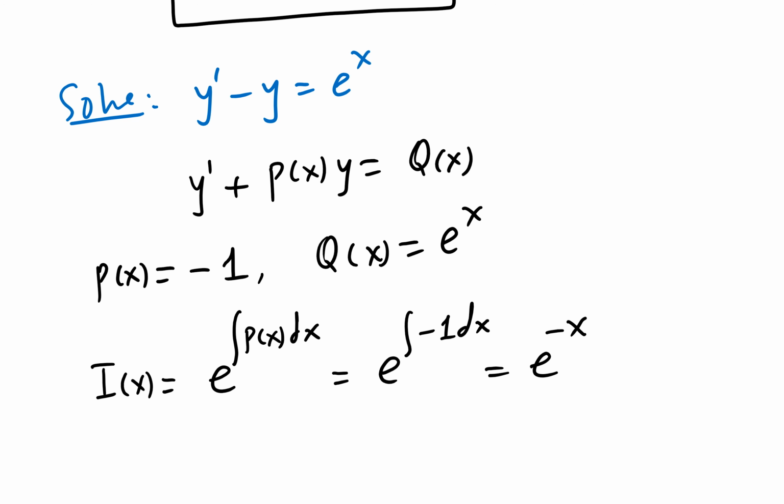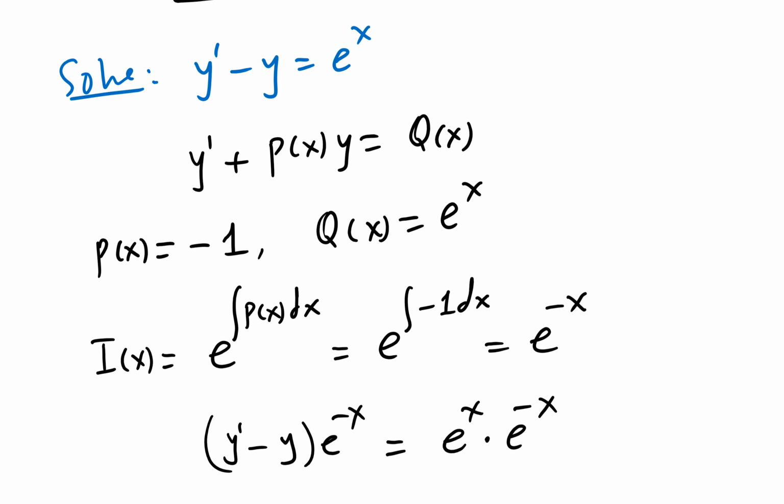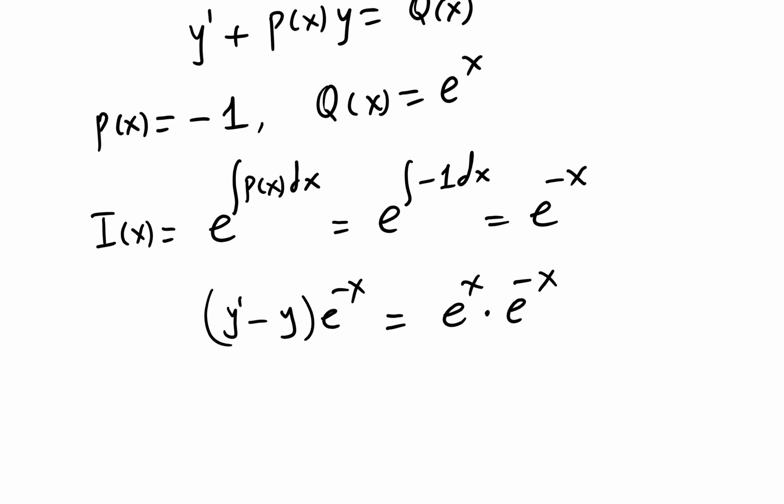Now, what do we do? We're going to multiply both sides by e to the negative x of that equation. So y prime minus y, times e to the negative x, e to the x times e to the negative x. And remember what I want the left-hand side to always look like. It's the derivative of what? Of I of x.